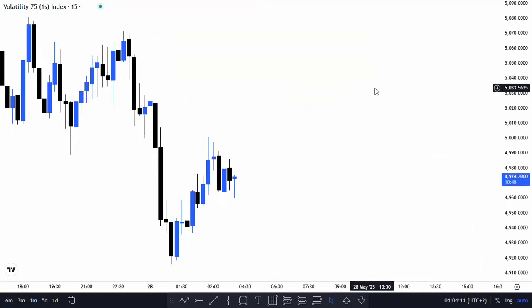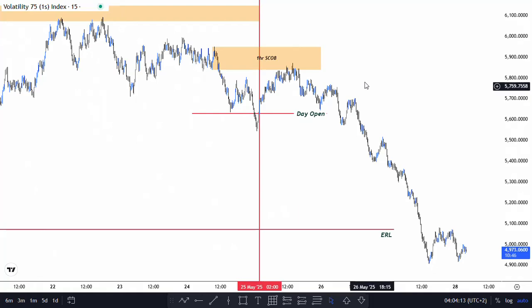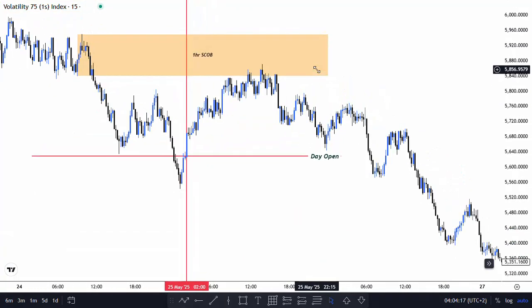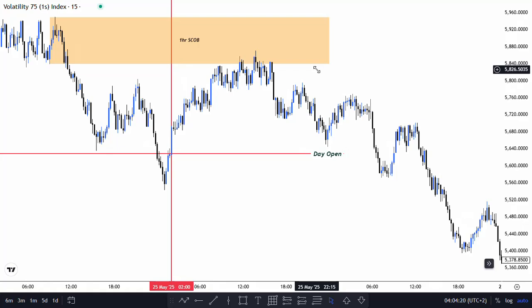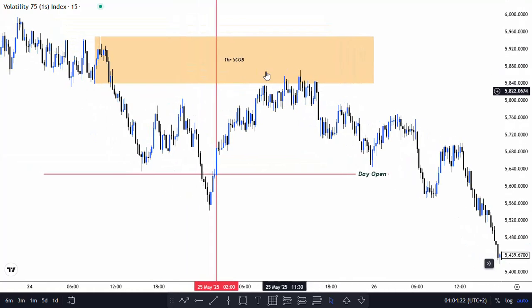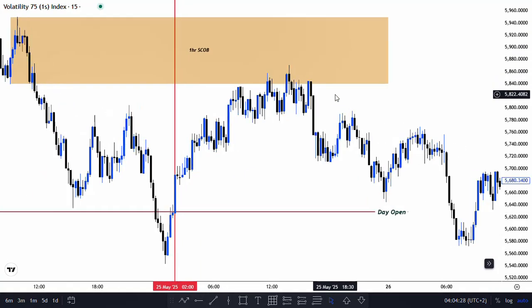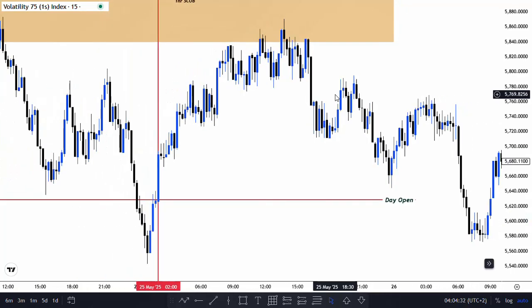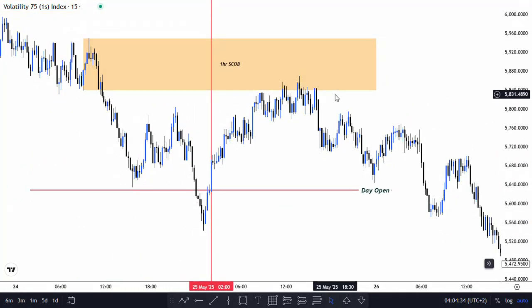Okay, if you want those sniper entries, guys, this is very important. You just need extra confirmations. So now price is already in that 1 hour single candle order block, which is good for you. Now on the 15-minute chart, remember we were also talking about price sweeping liquidity around the point of interest.